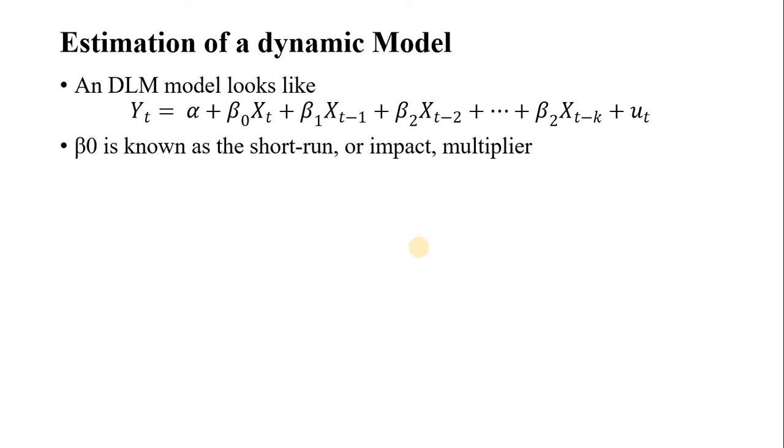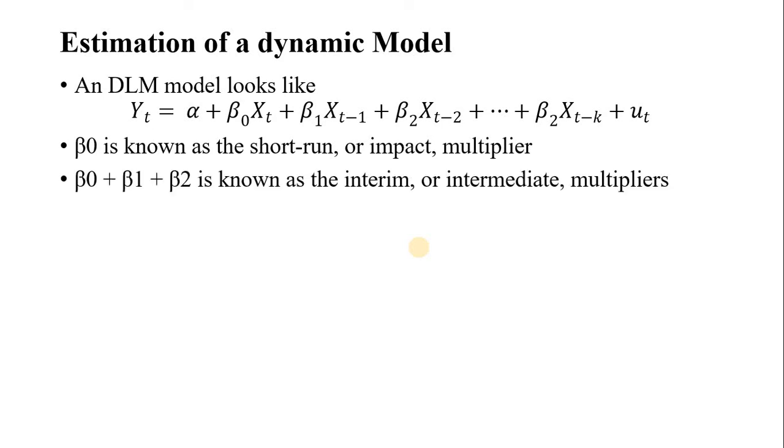So what is the immediate effect? Yt is a function of Xt. If something happens to Xt, Yt will also change. So the coefficient of your current Xt gives us the immediate effect of a change in Yt due to a change in Xt.